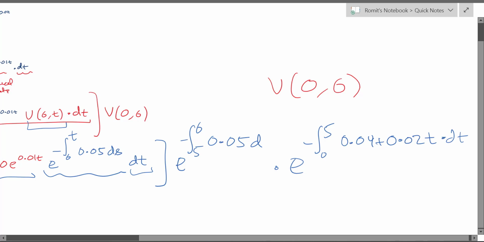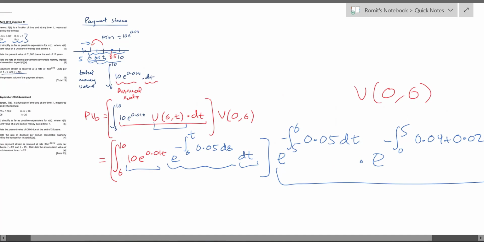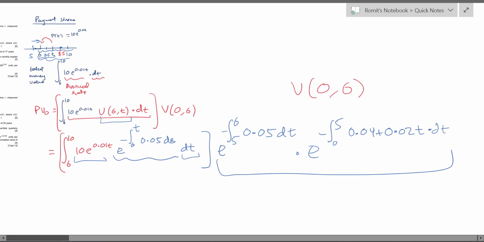Okay. In fact, you can also write this in terms of t, because obviously these terms are outside, right? So this is how you solve such questions, and obviously further you can solve it yourself.